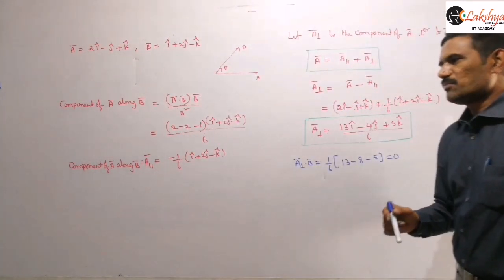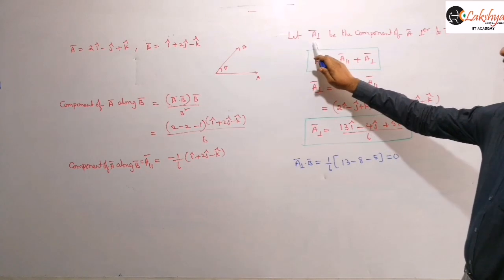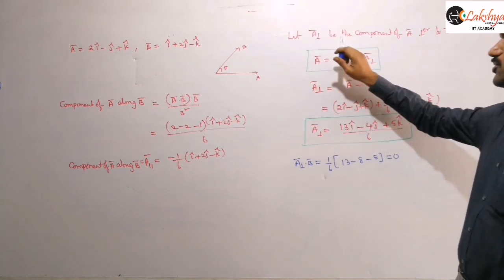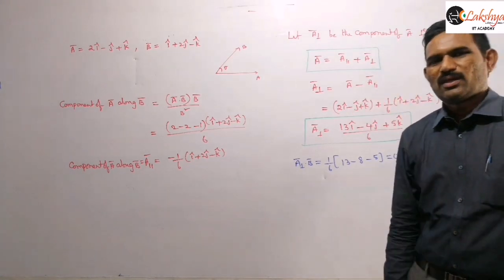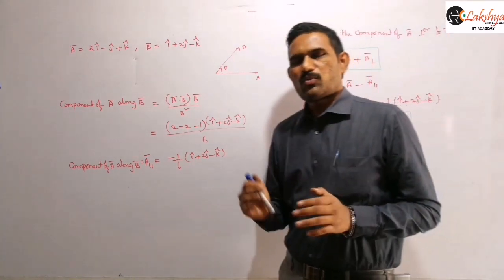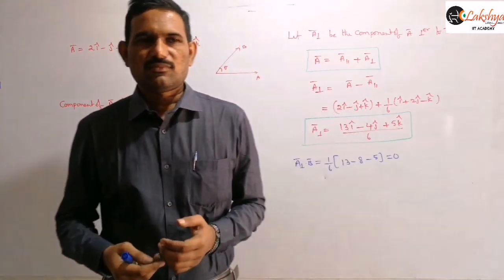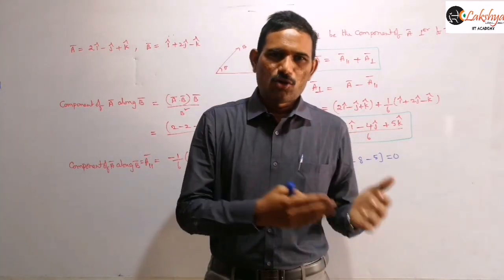For that I am assuming a perpendicular bar as the component of a bar perpendicular to that b bar. If you know the two perpendicular components, we can write the vector.